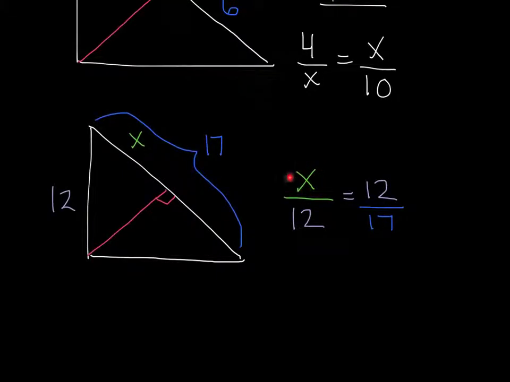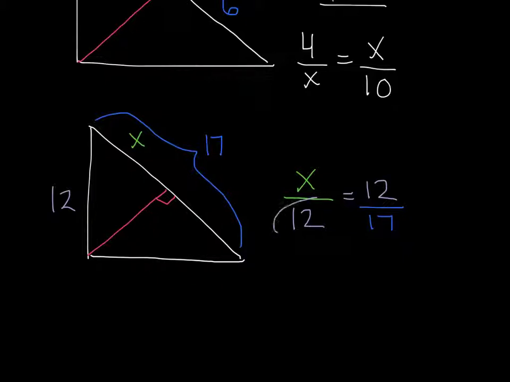I'm not going to get a squared term, but that's okay. I still plug them into the corresponding positions. This is still the segment on top, this is still the adjacent leg, which is the geometric mean and shows up twice in the proportion, and the whole hypotenuse is still 17.